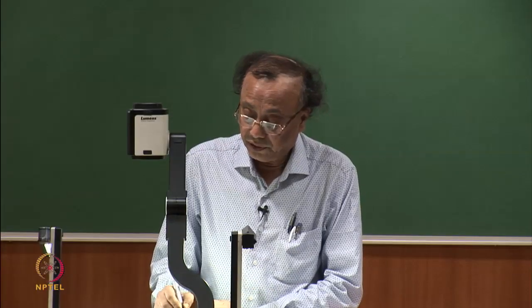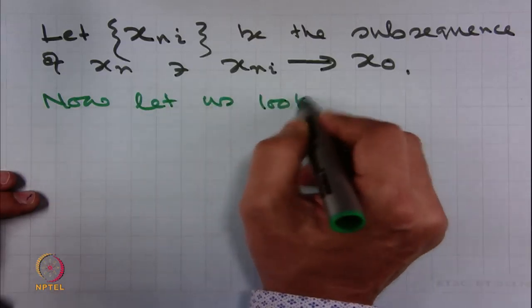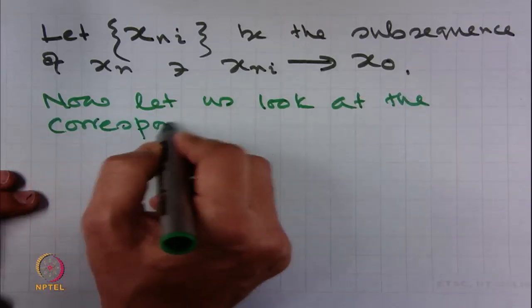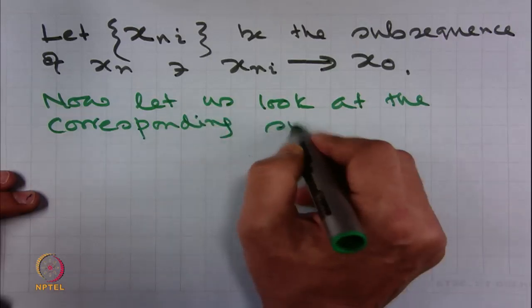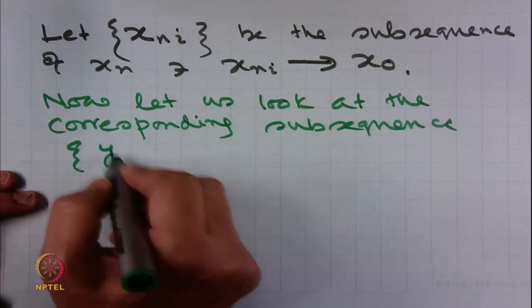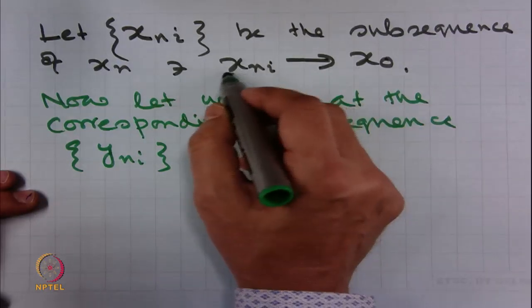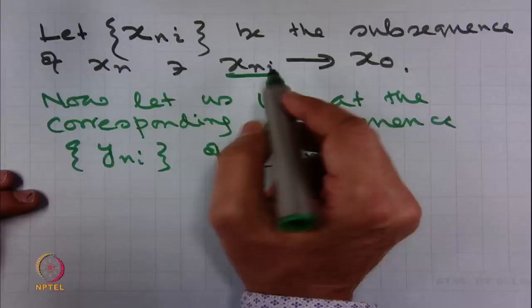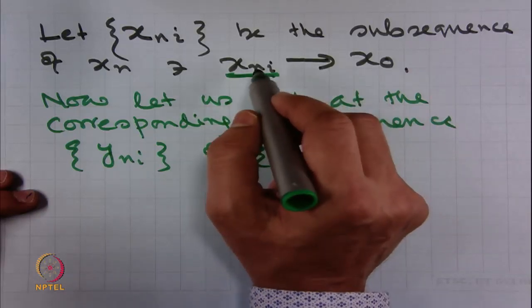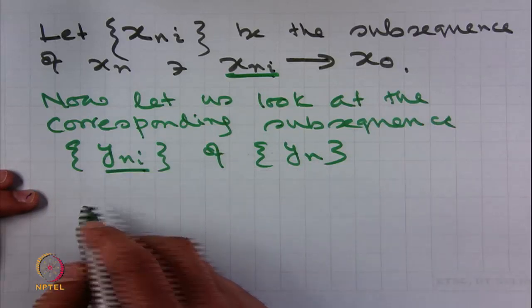Now, let us look at the corresponding subsequence, namely y n i of y n. So, first we have chosen a subsequence which is converging to x naught. Then we are only looking at those indices of that subsequence, and we are looking at corresponding y values.